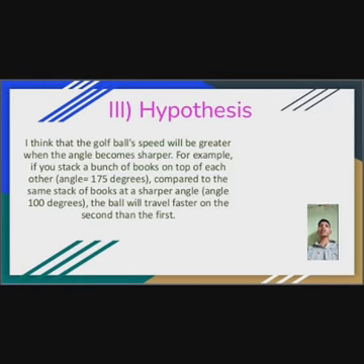Hypothesis. I think that the golf ball's speed will be greater when the angle becomes sharper. For example, if you stack a bunch of books on top of each other compared to the same stack of books at a sharper angle, the ball will travel faster on the second than the first.